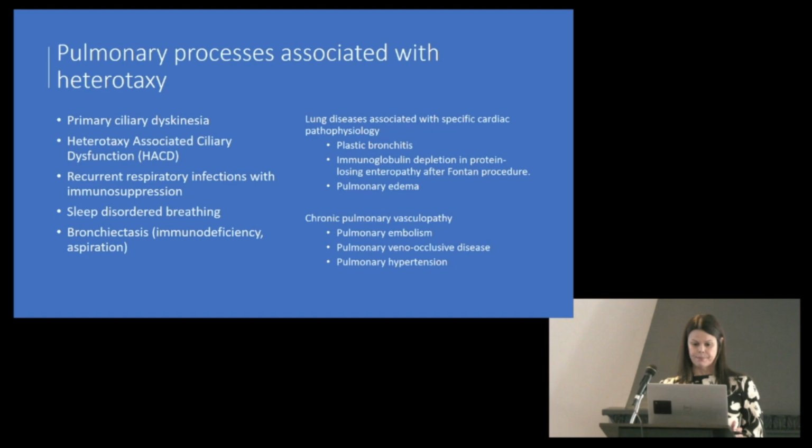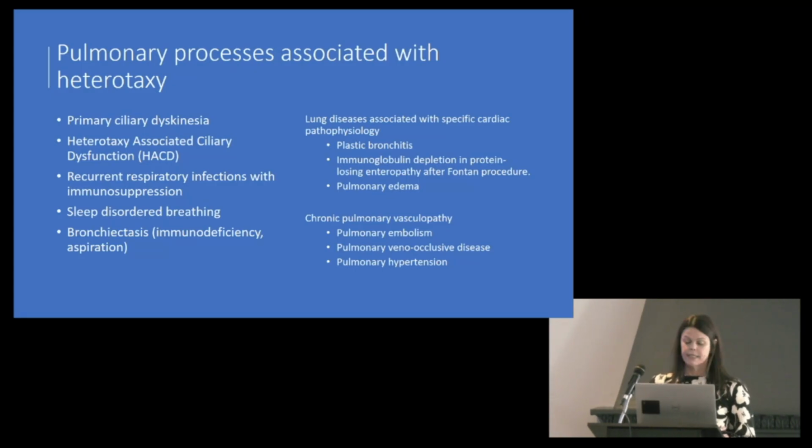We must remind ourselves that in heterotaxy, there are multiple other respiratory issues that are not primary ciliary dyskinesia. These include recurrent respiratory infections secondary to immunosuppression or a prolonged ventilatory state, sleep disordered breathing, and bronchiectasis, which could be the result of immunodeficiency and/or aspiration.